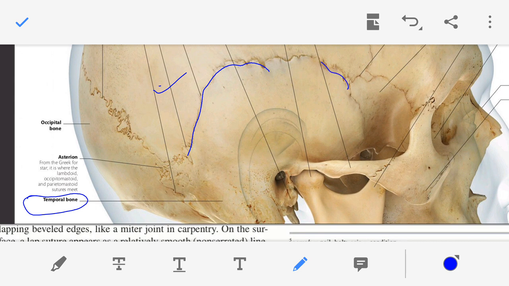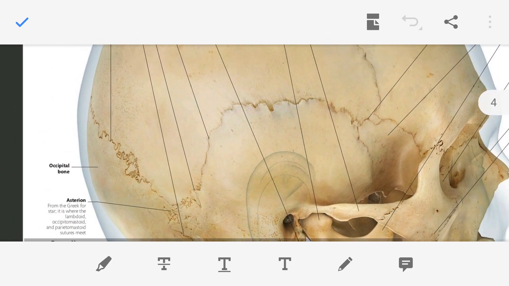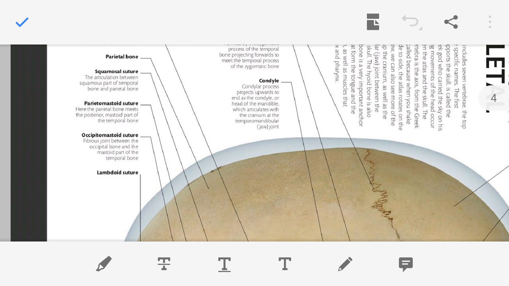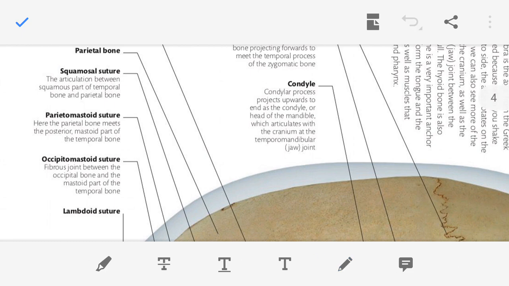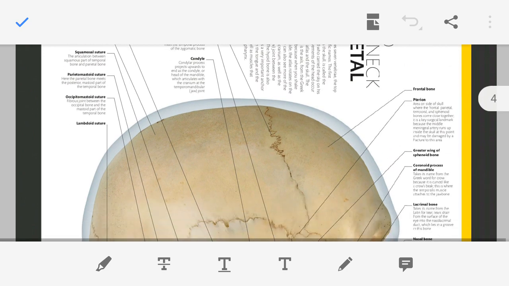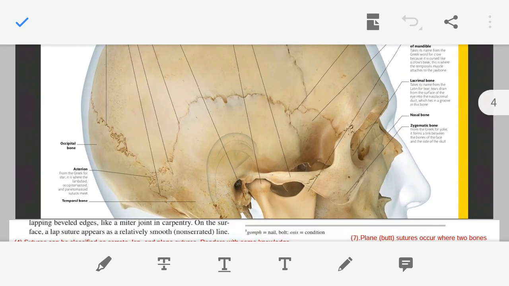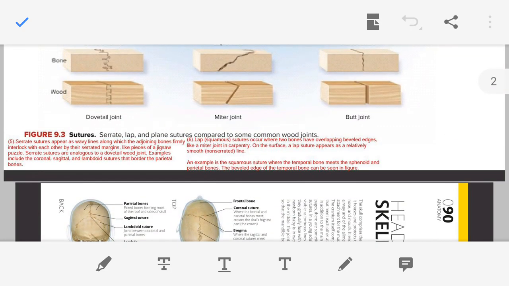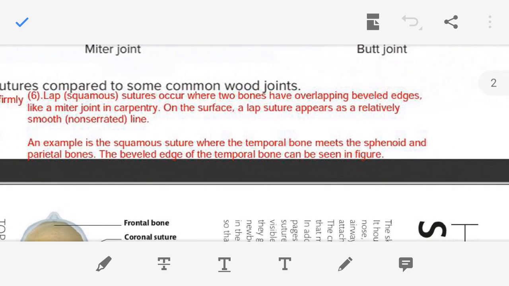Clearly you can see the edge of the temporal bone is smoothly covering the edge of the parietal bone. So that is the meaning of this suture, the squamous suture between the parietal and the temporal bone. So this was the theory point.